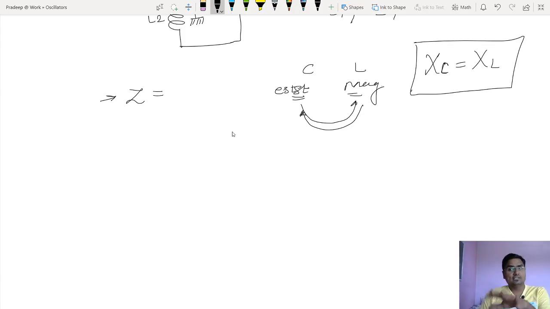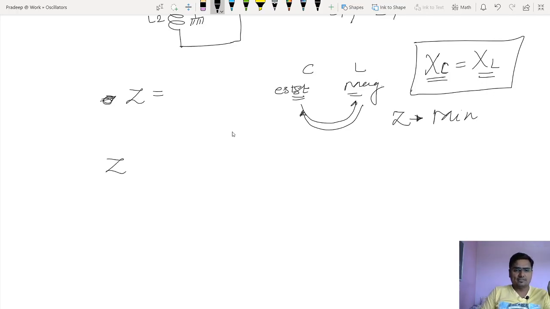We are not going into the detail of resonance; we have studied it in network analysis or linear circuits, I don't remember which. At resonance, XC equals XL, so the impedance is minimum. Z is minimum at resonance. That is known, and I'm interested in resonance, so that's why I'm calculating this Z.